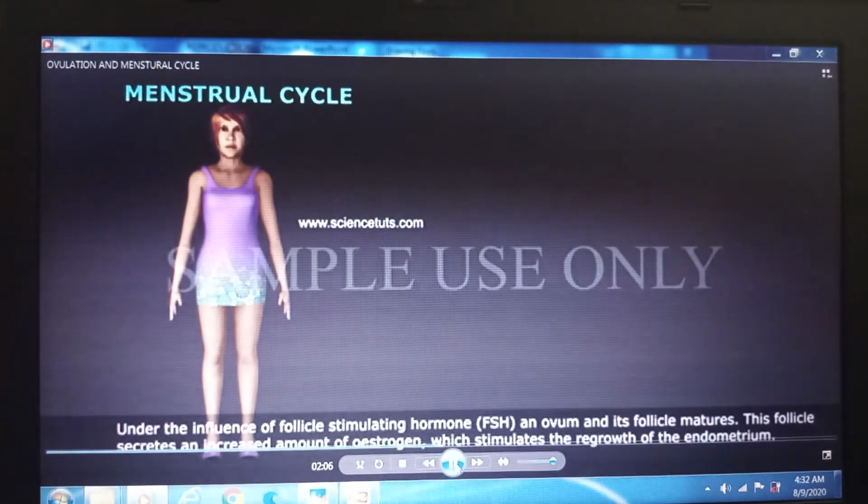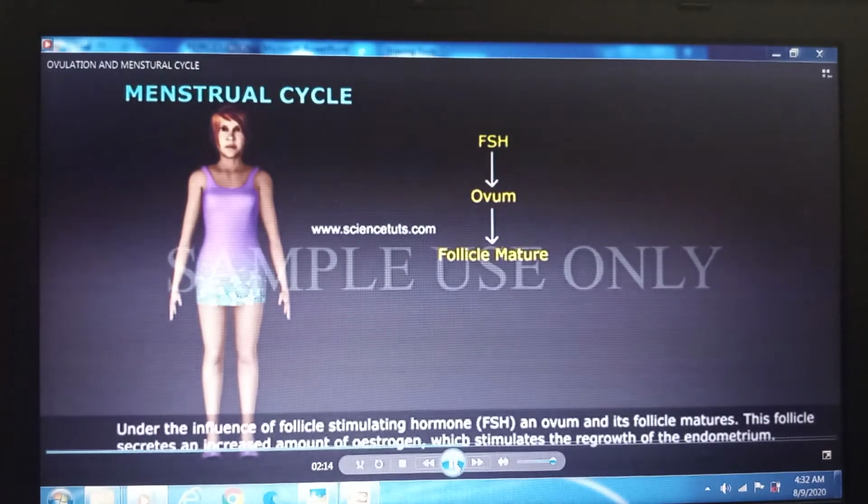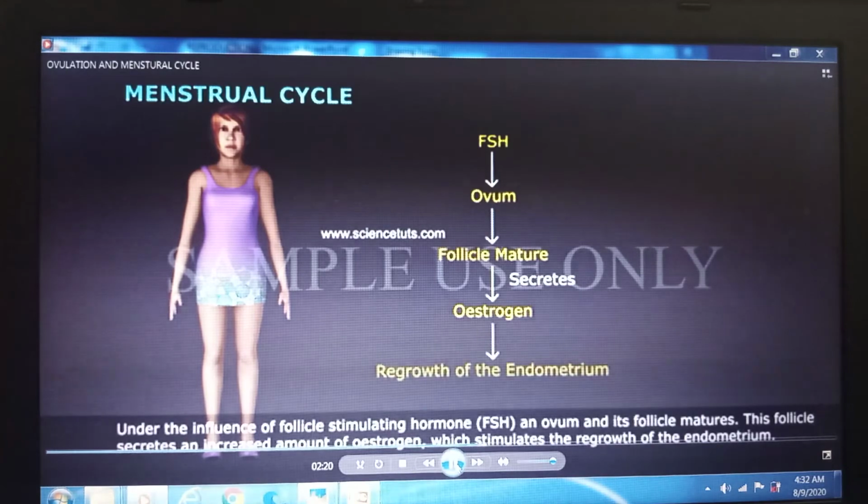Under the influence of follicle stimulating hormone, FSH, an ovum and its follicle mature. This follicle secretes an increased amount of estrogen, which stimulates the regrowth of the endometrium.